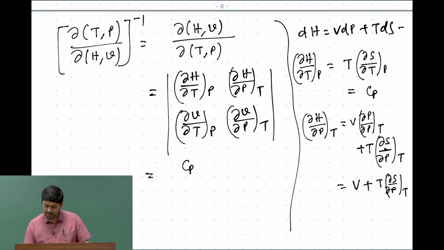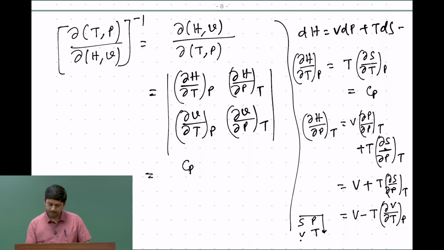Again, we are going to remind you that it is S P T V. So, del S by del P at a constant T is minus del V by del T at a constant P. We have used the Maxwell relation here.